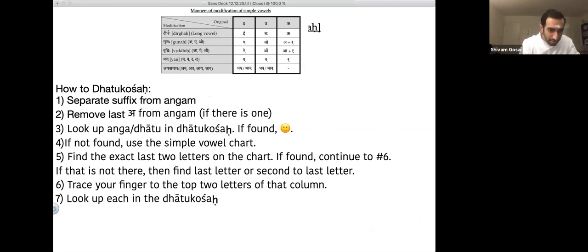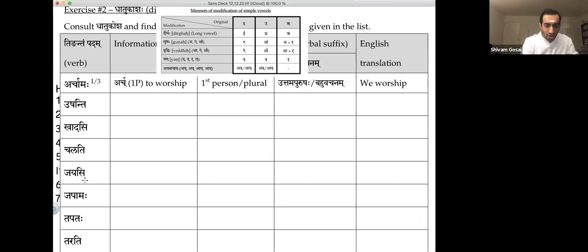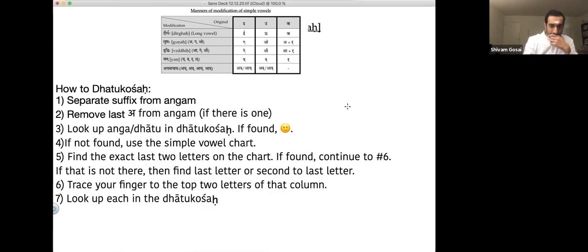If we go back, let's see this homework. On this homework at the bottom, let's do tarati all the way at the bottom.